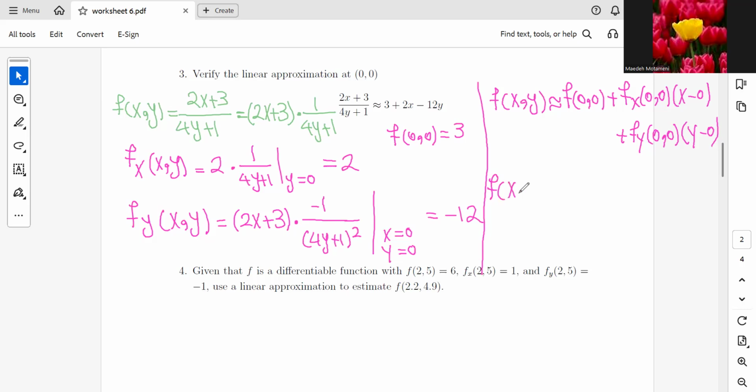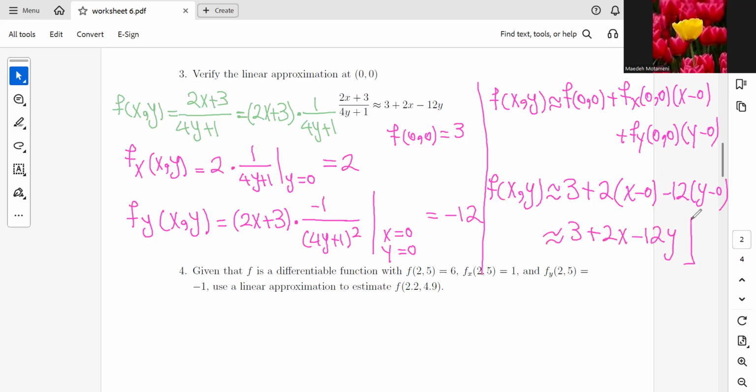So the linear approximation of this function is going to be 3 plus 2 times x minus 0 minus 12 times y minus 0, which will be approximately 3 plus 2x minus 12y, which is exactly the same as the function that is given to us. So this linear approximation is valid.